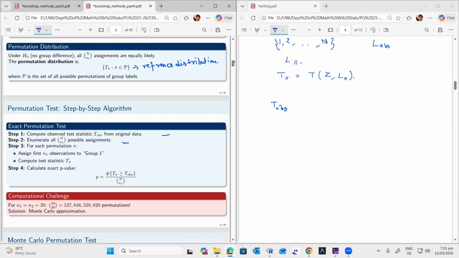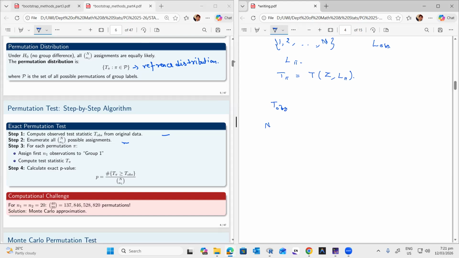In the second step, we calculate all NC N1 possible assignments. We consider every distinct way to choose N1 observations out of the pooled observations N, that is N1 plus N2. How many total ways are there to choose N1 observations?